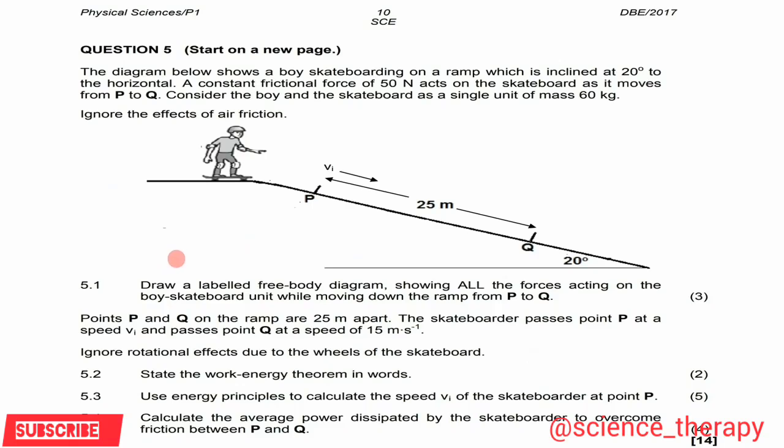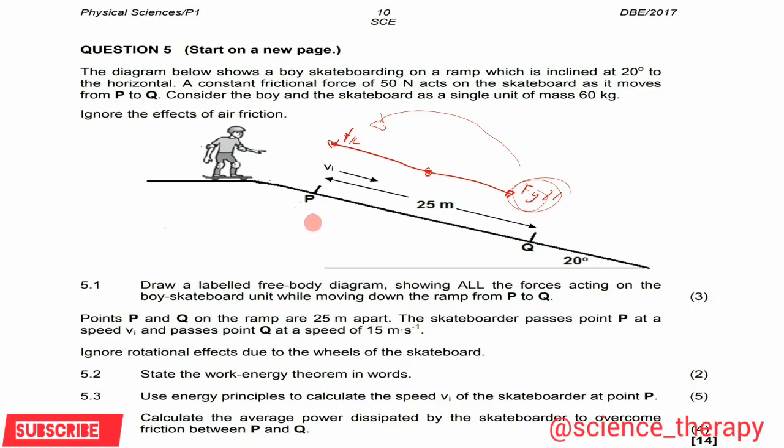Now let's look at question 5.4. It says calculate the average power dissipated by the skateboarder to overcome friction between P and Q. Now if we look at our free body diagram, which is obviously having that FG parallel and the FK this side, we do understand that in order to overcome friction, we have to have our FG parallel being equal to the FK, right?